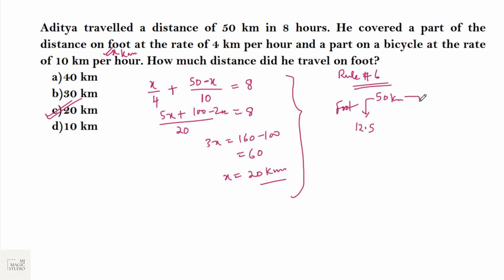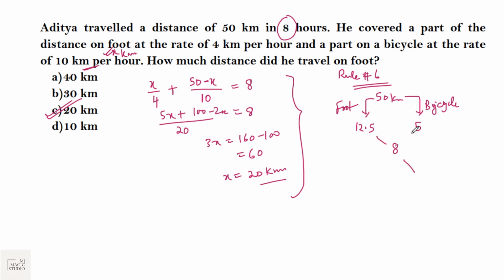And suppose the entire 50 km he travels on bicycle at the speed of 10 kph. So the time required by him to complete this 50 km on the bicycle would be 5 hours, 50 by 10. But actually the time taken by him is 8 hours.